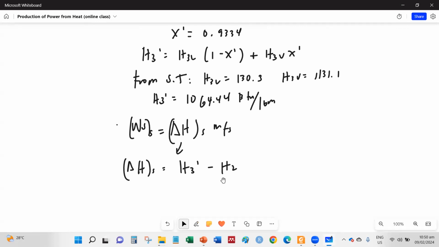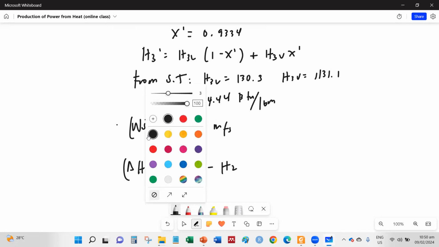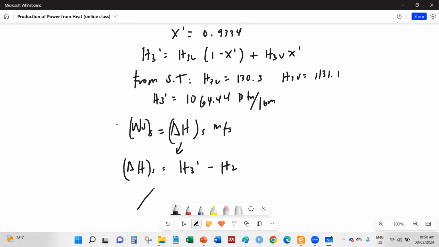Okay, next is we solve for delta HS. So we substitute the values H3 prime and H2. That would be 1064.44 minus H2 from above, diba? It's 1520.3.